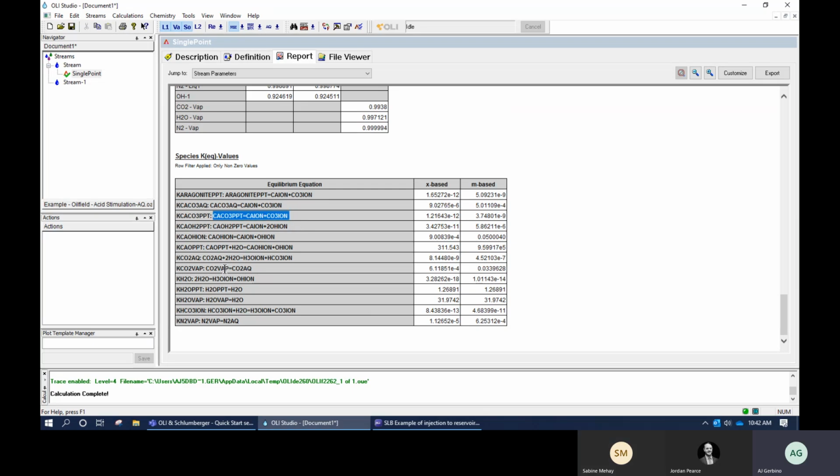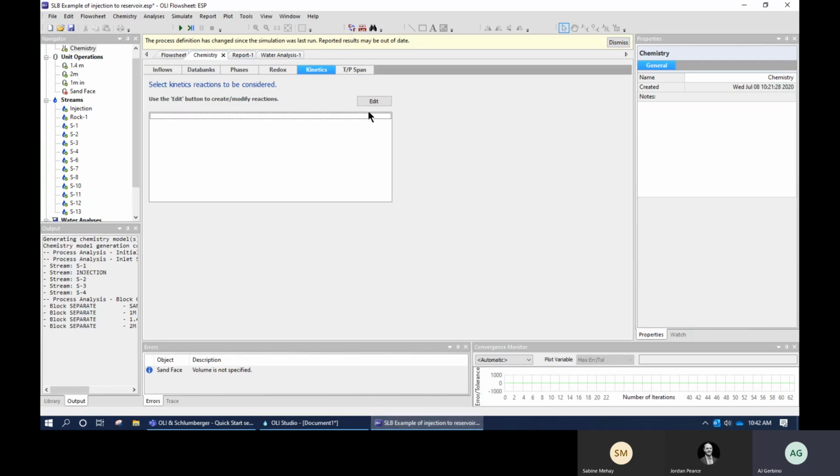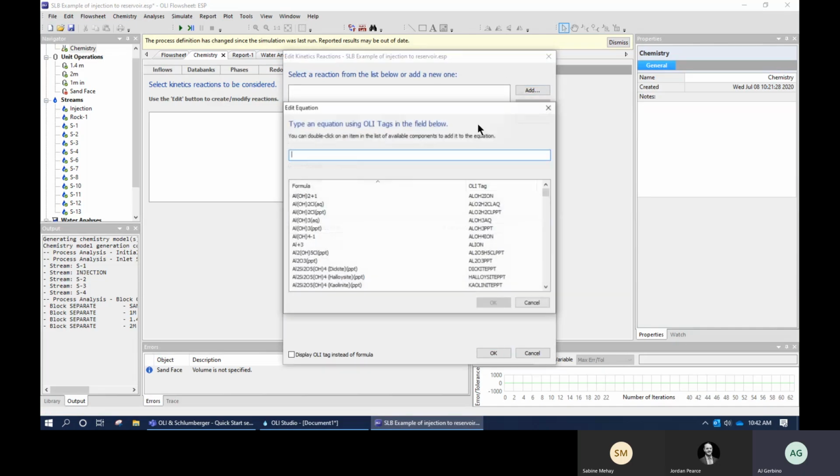I think that's the calcite one. Yeah, there's aragonite there. What I can do in the software, and it's easier in this tool, is to take that chemical reaction. So let me go find calcite. If you see it before I do, there it is, calcite. Yes.